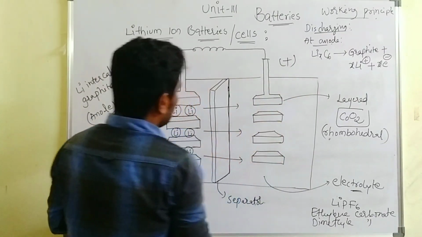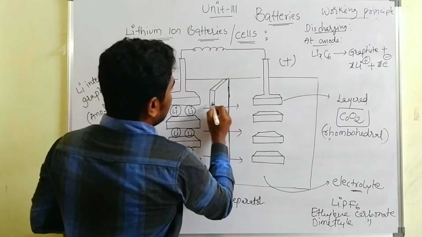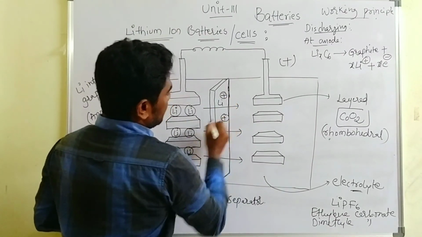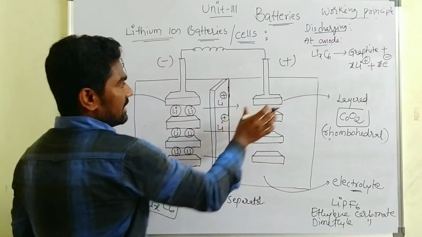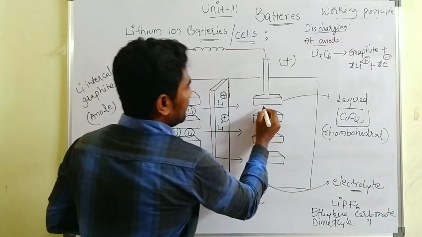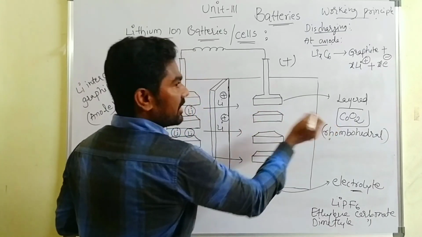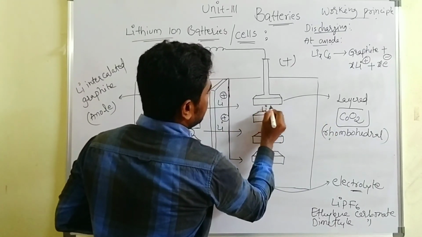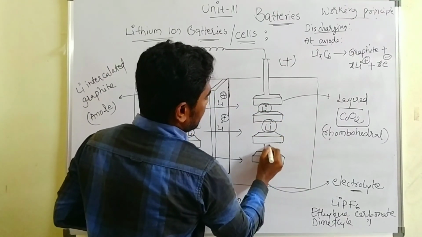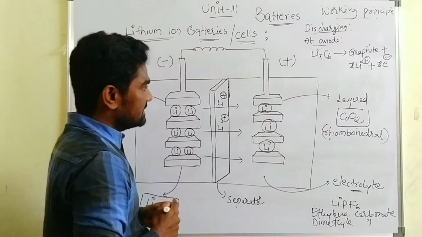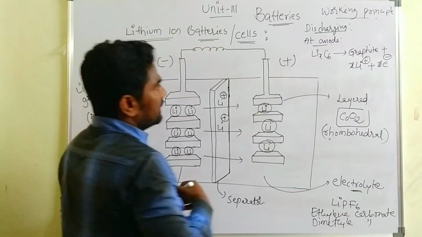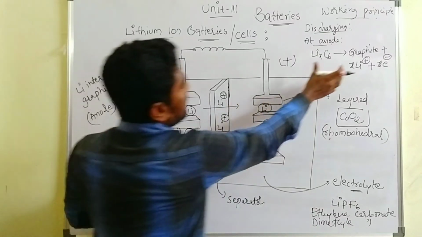That means slowly these lithium plus ions can move towards the cathode electrode and here get intercalated in the layer of the cobalt oxide. Okay, here it goes and gets intercalated like this. This is the actual discharging mode. Here this is the anodic reaction.